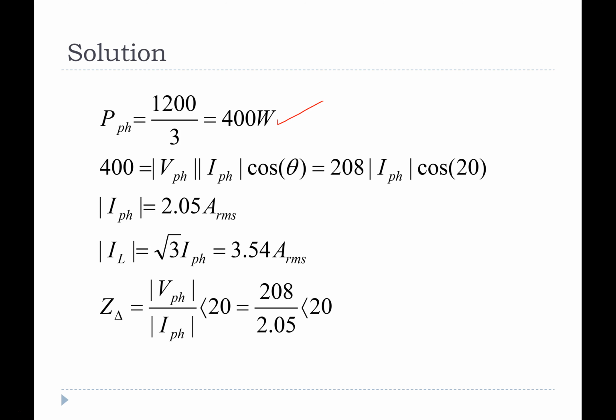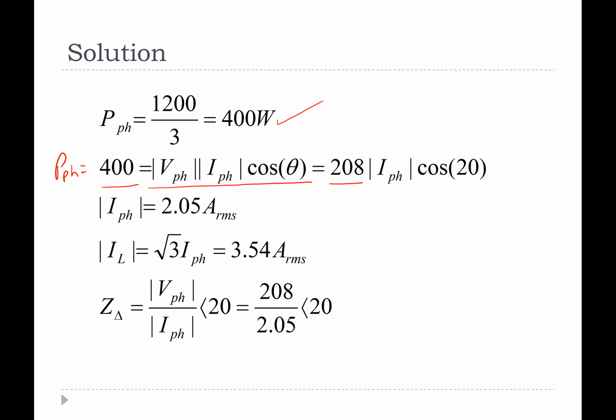We know now from our power equation, which is P is equal to VI cosine theta, that P phase is equal to V phase I phase cosine theta, which is 400 watts. I substitute the values.